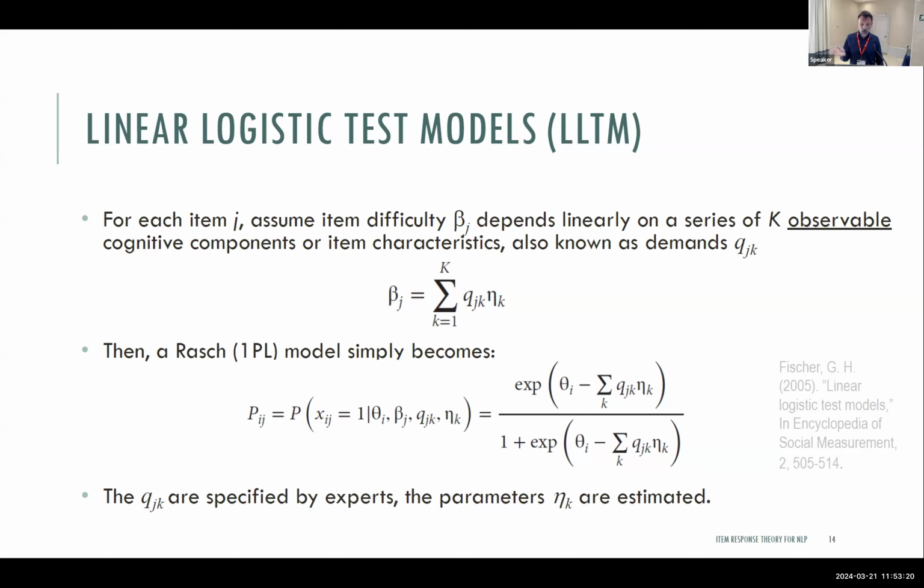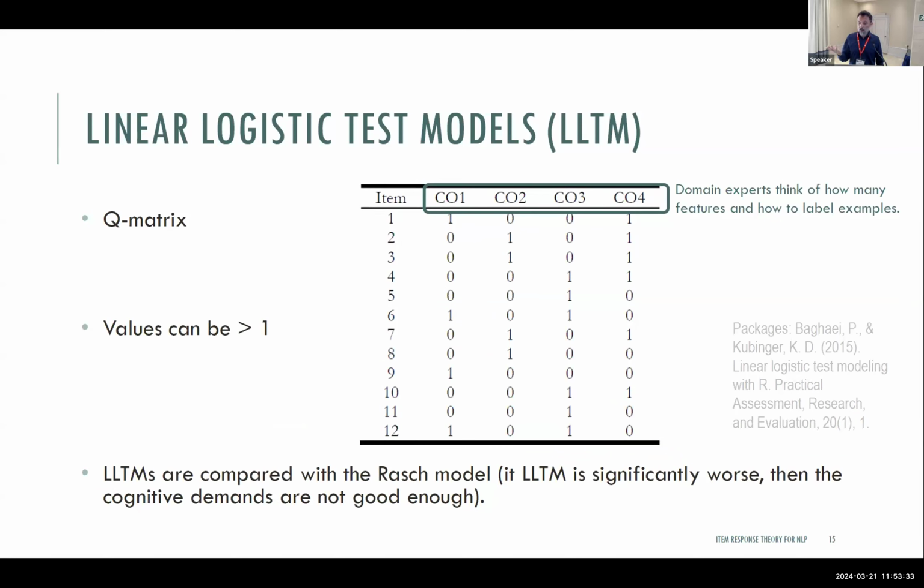So that's what this LLTM does. As you can expect, it is relatively simple, because this is a linear model. So you have something like this, you have values for several items, and you have the results. You can put all of this together, and this is kind of an IRT.